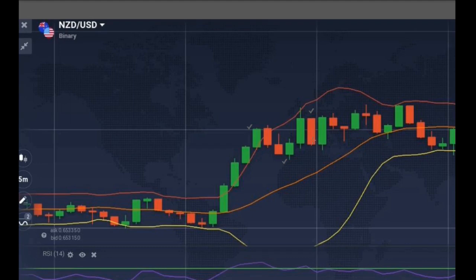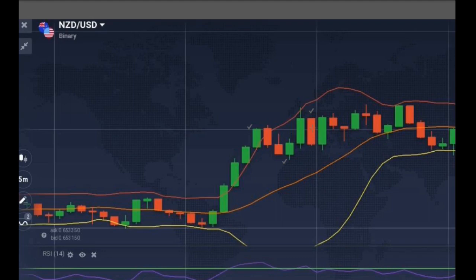The hammer is in a downtrend. The shooting star is in an uptrend. So in an uptrend, you are looking for a red Marubozu, indicating that the bears are building momentum.